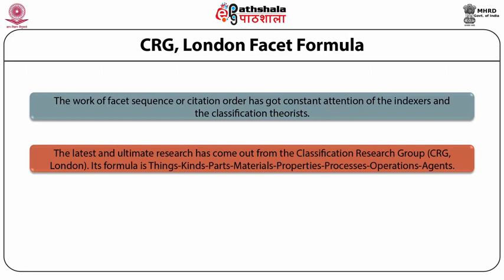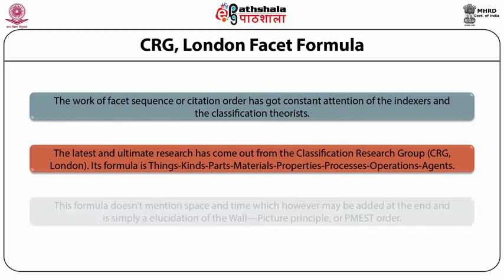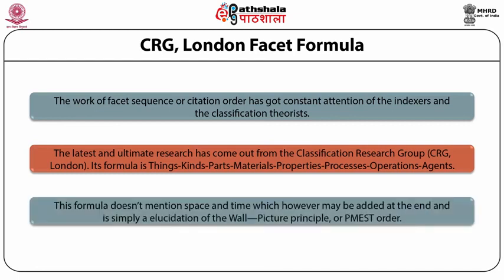Its formula is things, their kinds, their parts, their materials, properties, processes, operations, agents. So you can see that it looks much more complicated than Ranganathan's latest or complex formula. However, this formula doesn't mention space and time, which may be added at the end, and is simply an elucidation of the wall picture principle or PMEST order with some concrete examples.